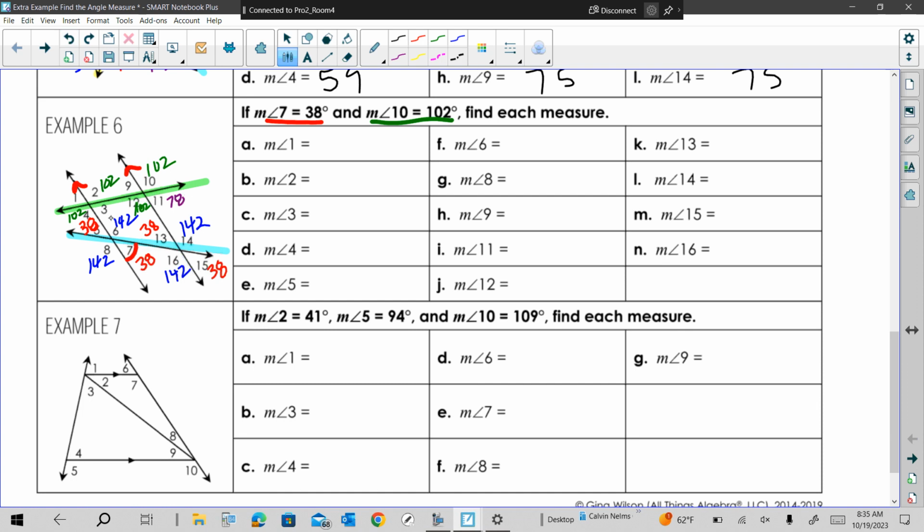Who else? 3 and 1, okay. So we have 78 on 1, 3, 9, 11, and 10 that was given. We have 102 on angle 2, on angle 12. Who else was 102? Did I miss anybody?